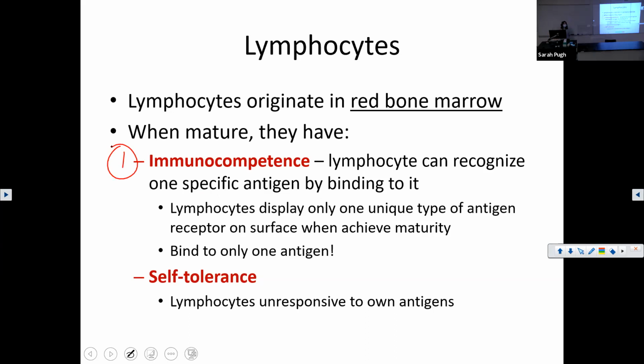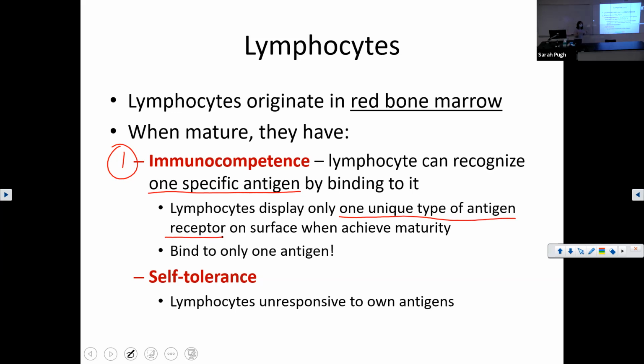That means that it can recognize one specific foreign antigen and bind to it. Lymphocytes have only one unique type of antigen receptor. I'm going to underline that. They have one unique type of antigen receptor. This is where specificity comes in.